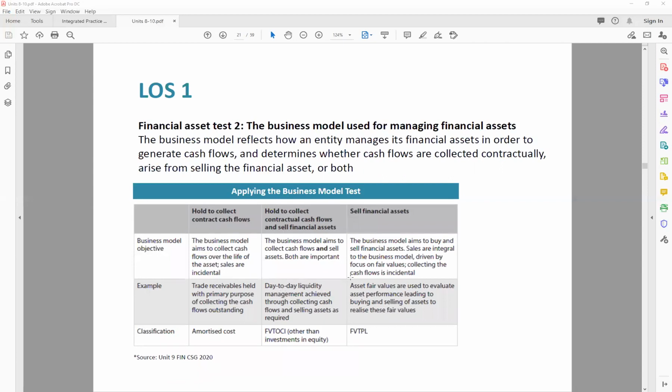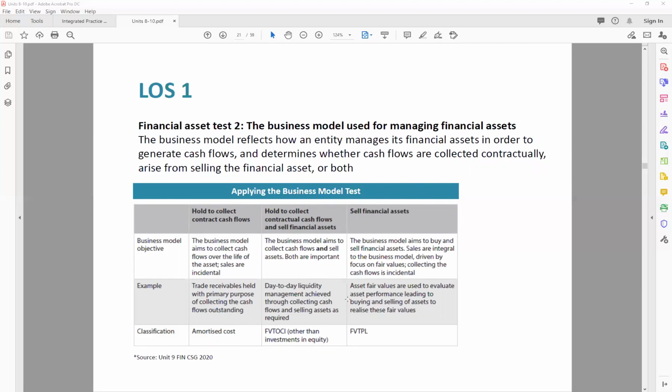So specifically, if the business model is to hold and collect contract cash flows, then the classification is going to be amortized cost. If the business model is to sell financial assets, then it's going to be classified as fair value through P&L. And if it does a bit of both, then it's classified as fair value through OCI.